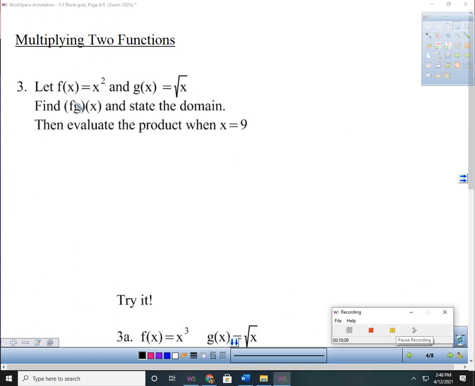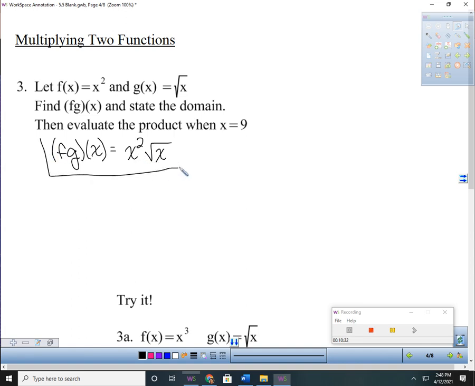All right, now let's do some multiplying. So we're going to take f times g. So first I have f, and it's just one term, so I'm not going to put it in parentheses, times g, which is a root, so I'm just going to stick that right next to it. And there's nothing I can do to really simplify that, so I'm going to leave it as is.